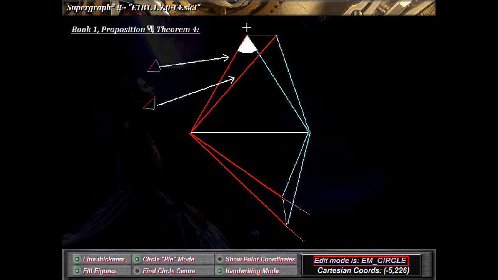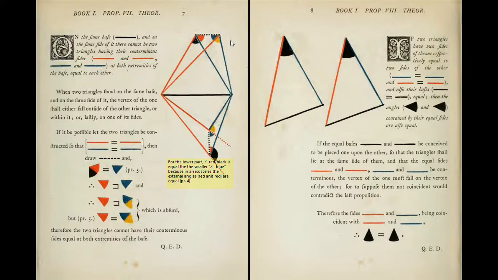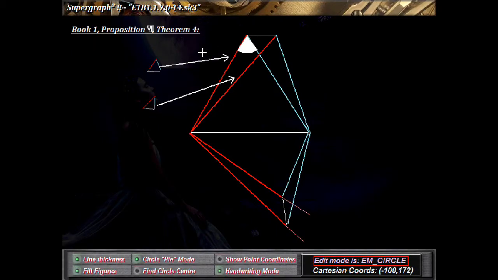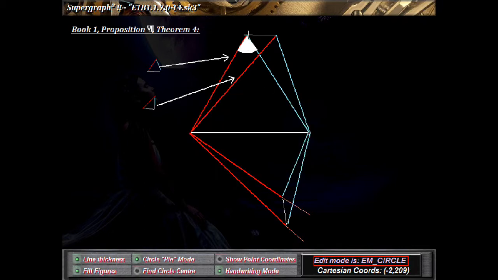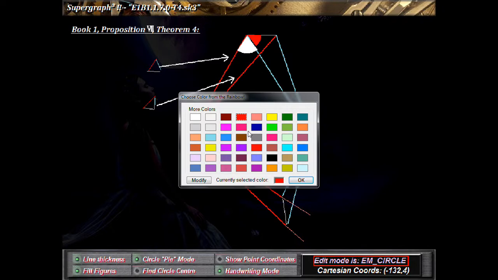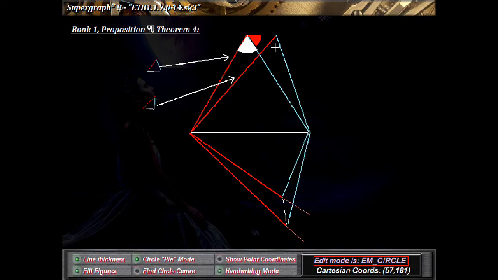And this one, no, don't want those. Red. And this one, blue and yellow. Pretty cool, huh?